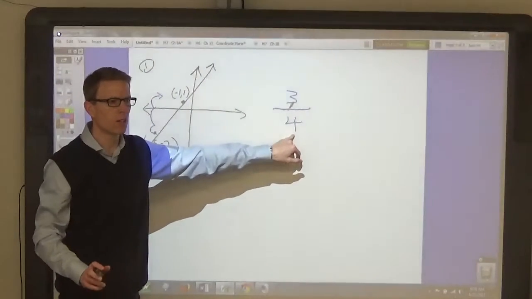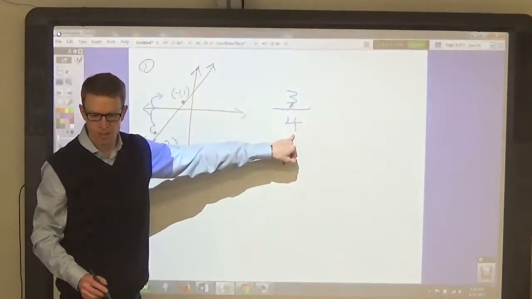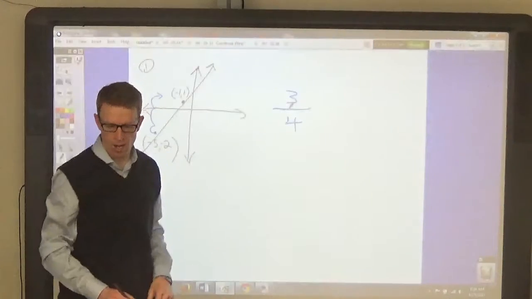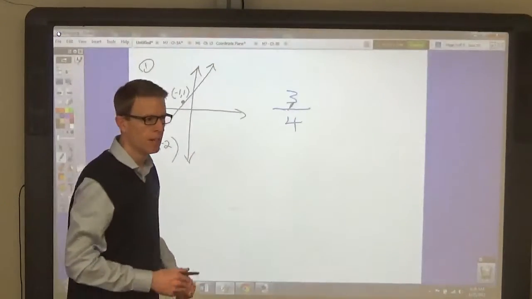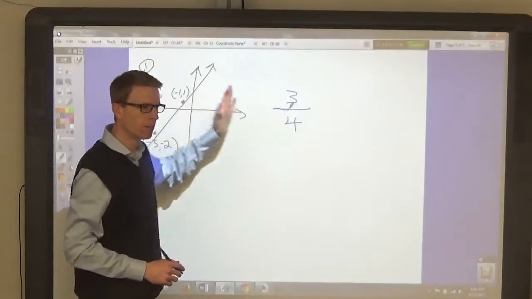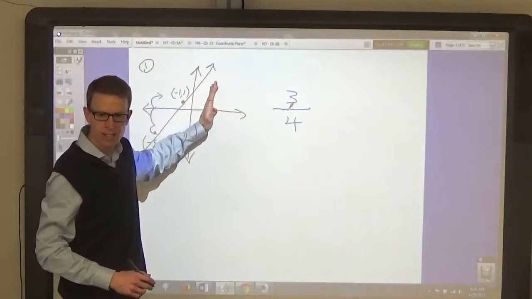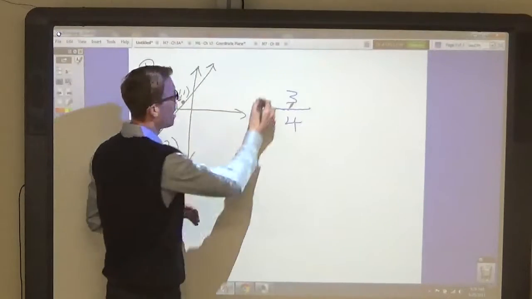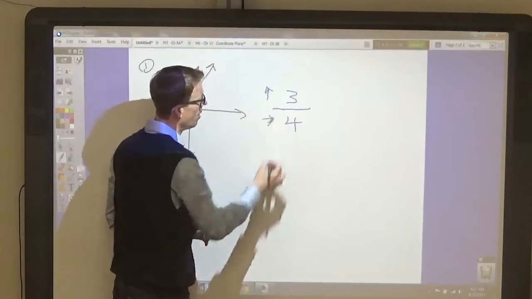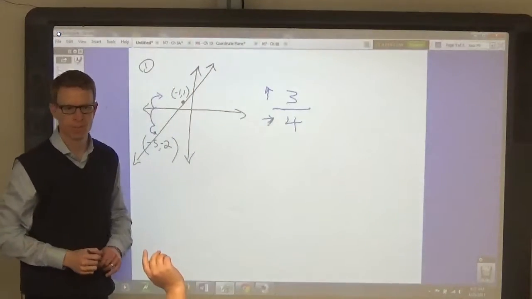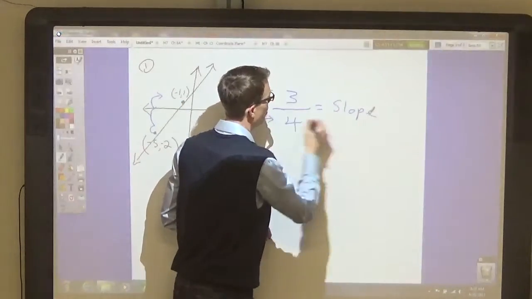If you didn't, go to the graph in the book and count the spaces up. You should count up 1, 2, 3 spaces up. And then count over 4 from that line, 4 spaces to the right, and you get to the dot. So the rise is 3, and the run is 4. It gives us a slope of 3 over 4.